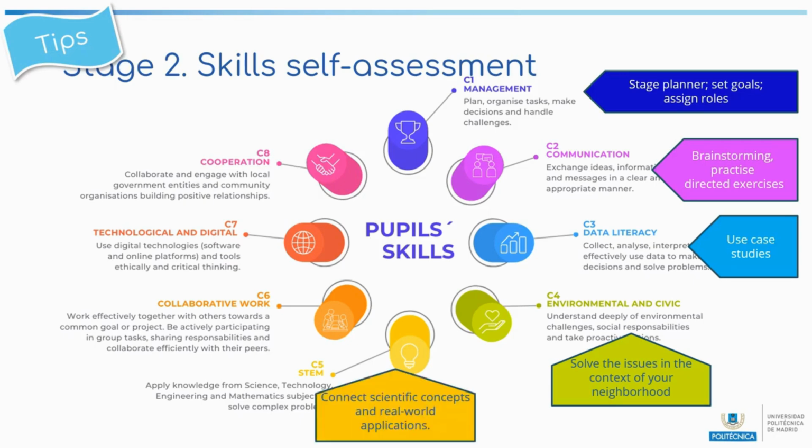STEM. The same idea lies behind this tip. Try to connect scientific concepts between subjects and relate them to real life in your context. This will make the students understand and connect the information to their interest, influence areas, and so as to involve their motivation towards the subjects.